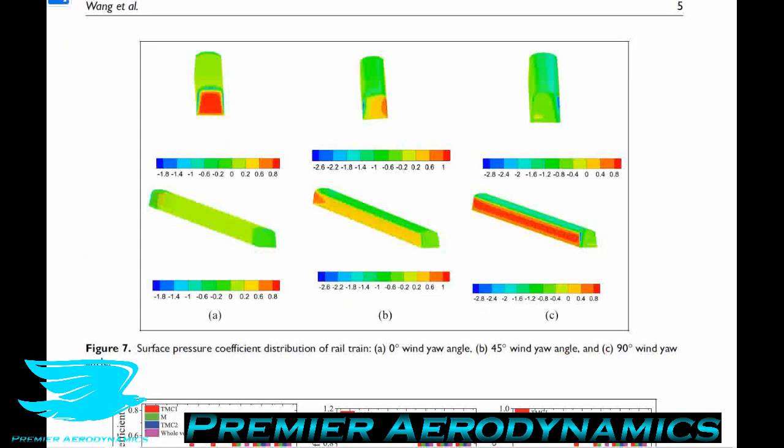So in figure 7, we get some pretty cool surface pressure measurements on the train with different yaw angles. As expected, as the yaw angle increases, more and more pressure is felt on the windward side, so the side that the wind is crashing into. And what's more, less and less pressure is felt on the nose of the train. So as the wind comes around from the front of the train to the side of the train, there's less and less pressure on the nose, which makes sense.